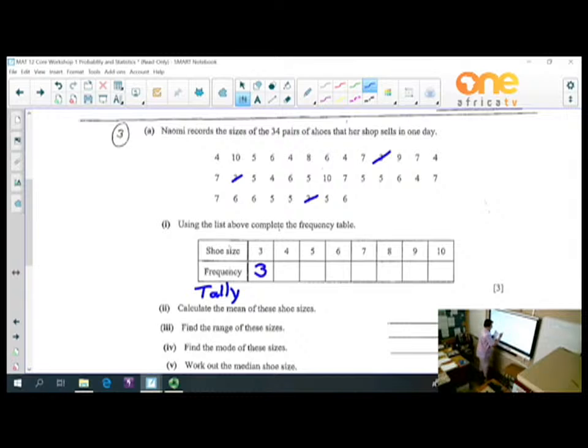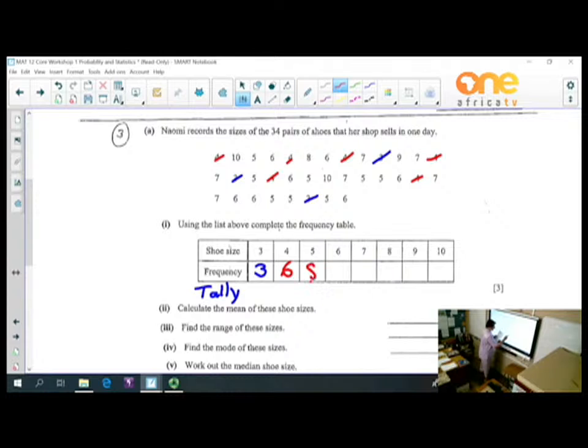So this one is 3. I will do the same with the 4. 1, 2, 3, 4, 5, 6. I've got 6. There's another one. So there's 6. So cancel them so that you make sure you've covered all of them.